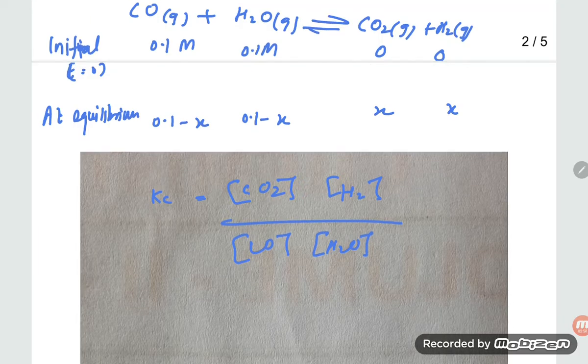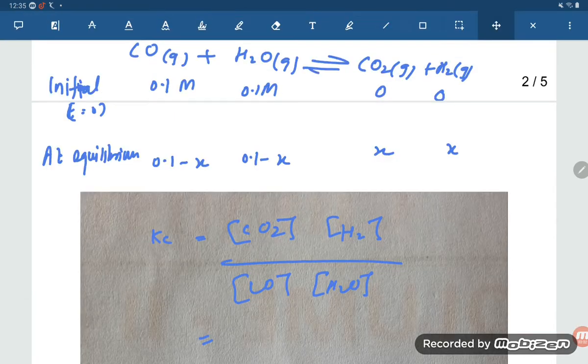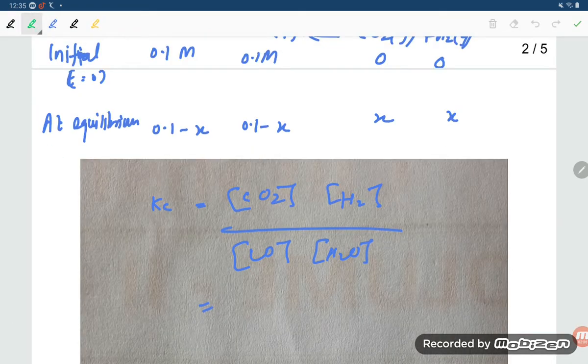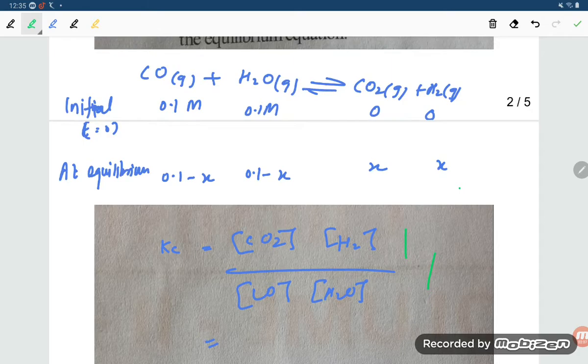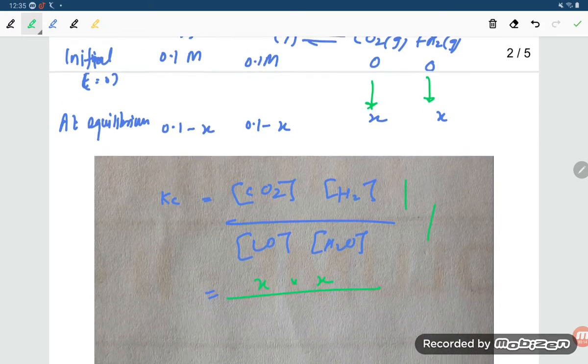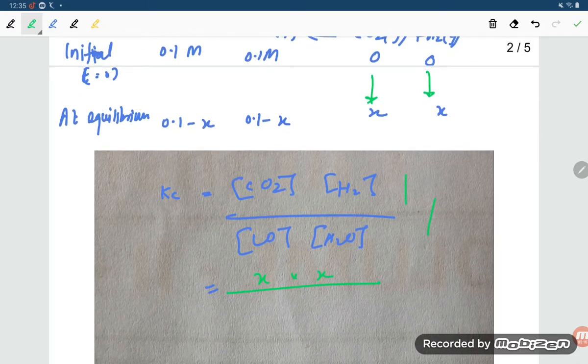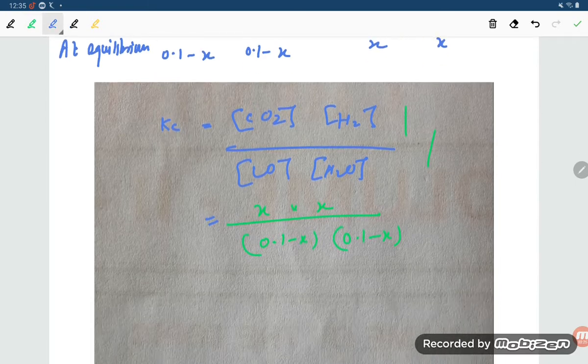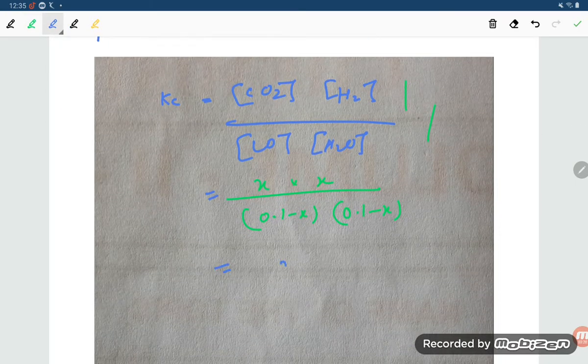So what values do we have to put in? The CO2 value, this is X, and H2 is X. So here it is X into X divided by CO, which is 0.1 minus X, and H2O, which is 0.1 minus X. So you can solve it, student. The numerator is X squared, and the denominator is 0.1 minus X, again squared.